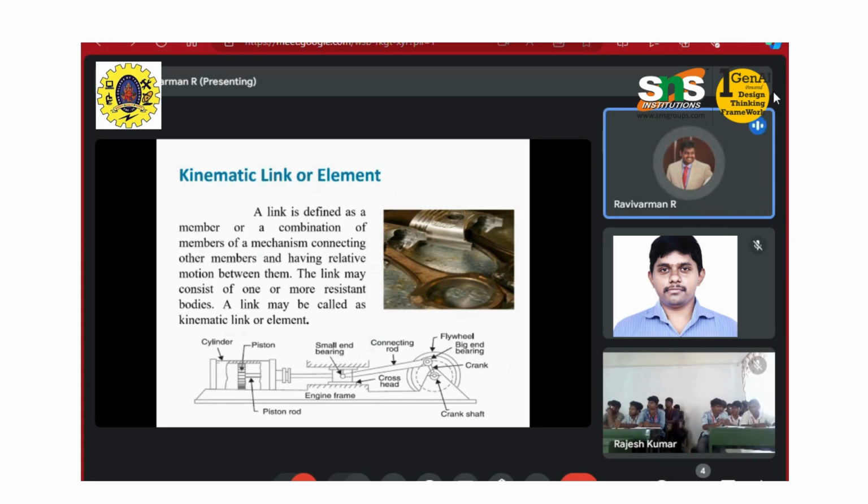In most cases we take the engine as the most referred example. Here you can see the piston cylinder and a crankshaft, with a connecting rod connecting them as a slider crank mechanism. One rotary motion is converted into a linear translated motion, and here the linear input is converted into a rotary motion.